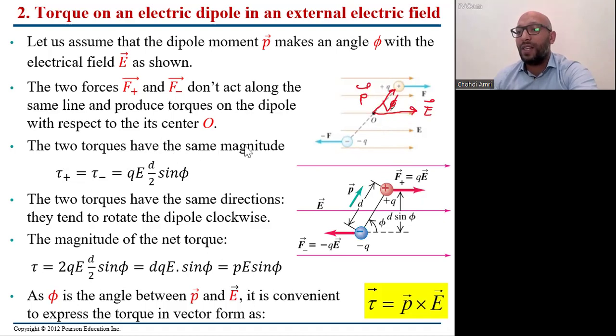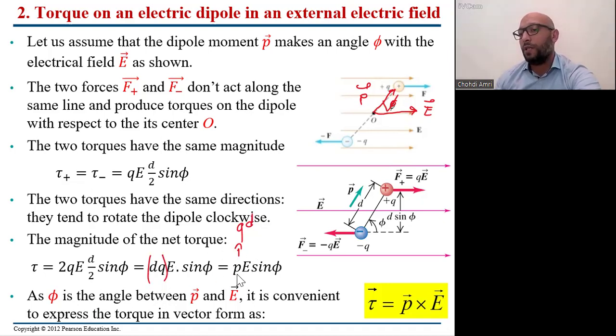The two torques have the same magnitude, which is equal to qE multiplied by d over 2 sine theta. The total torque is only the sum: P multiplied by E multiplied by sine theta, where P is qd.